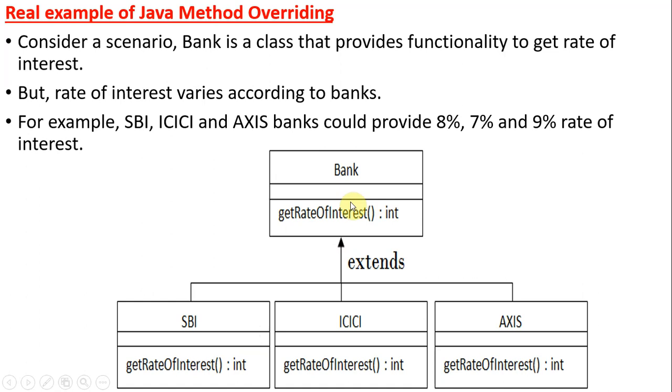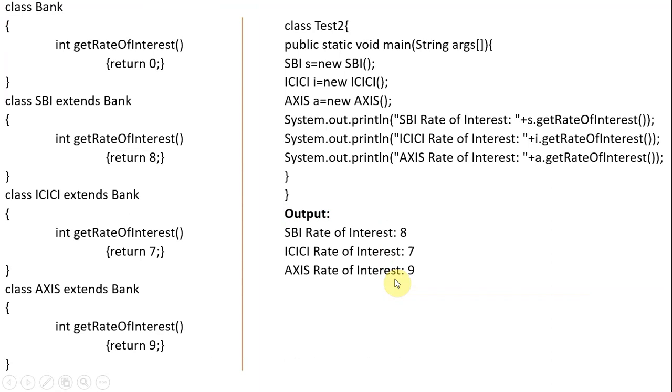But every bank provides a rate of interest for any kind of loan. So rate of interest is common for every bank, but based on the bank they have a different percentage of rate of interest. That is what we have to implement with method overriding here. If you see, class Bank has getRateOfInterest, which returns 0.